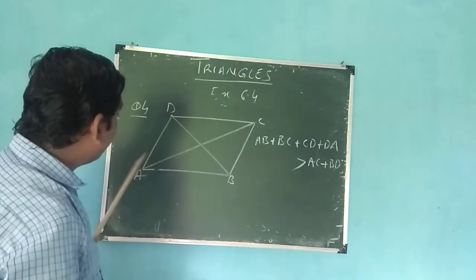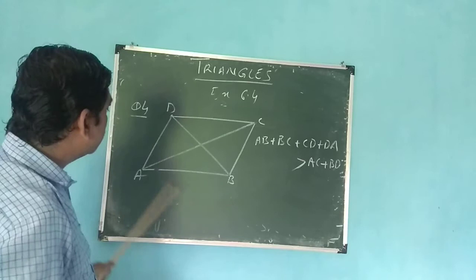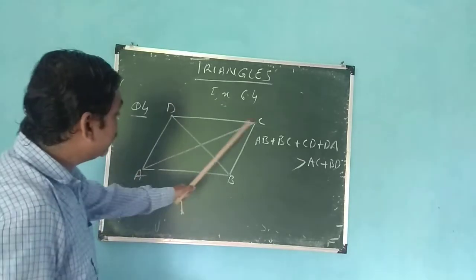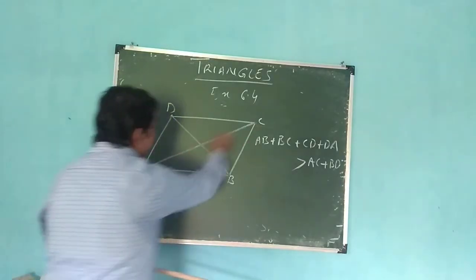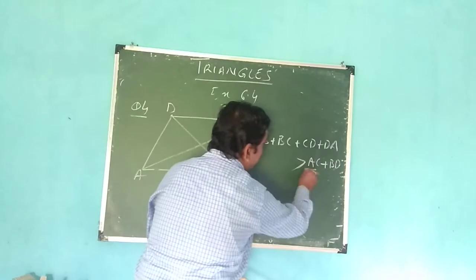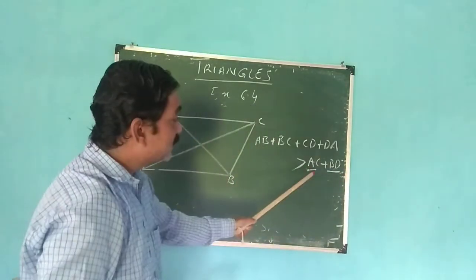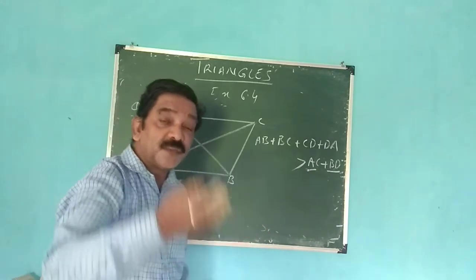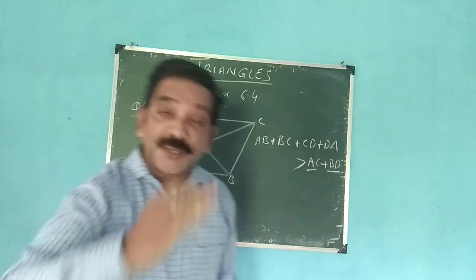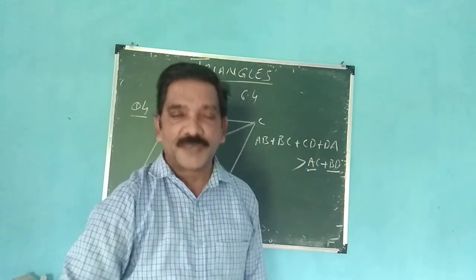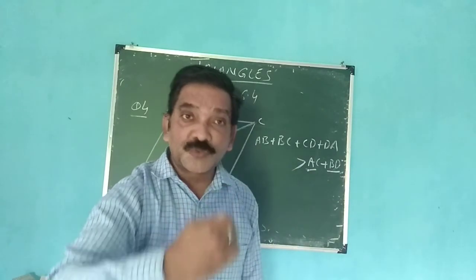One is triangle ABD, the other one is ACB. Because AC is there, and BD is there, you see this side and this side come in this triangle. Then you find out the sides and add those two sides.